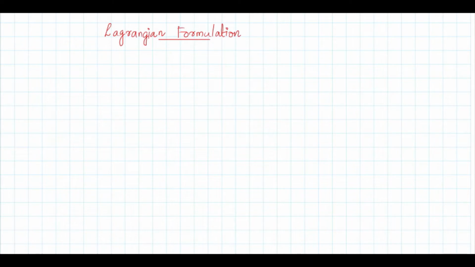The first thing we want to find is the number of degrees of freedom. We can denote it by small letter n. Suppose you are considering a system having n degrees of freedom.